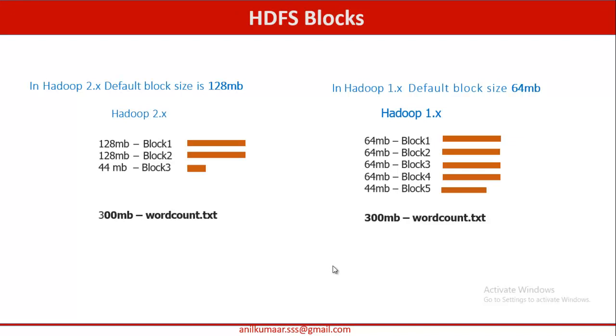In this particular file system, we have blocks. The file system is divided into chunks, or blocks. By default in generation 2, the block size is 128 MB. Similarly, if you are working with the generation 1 architecture, the default block size is 64 MB.